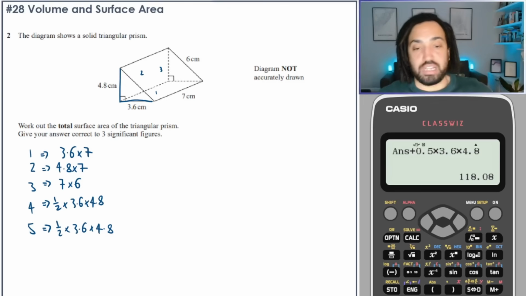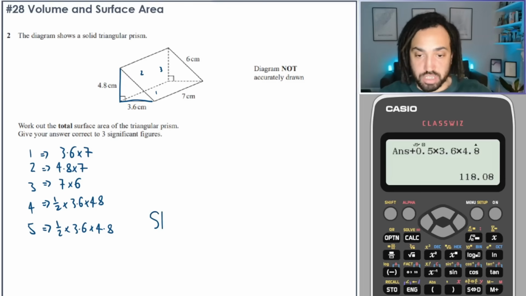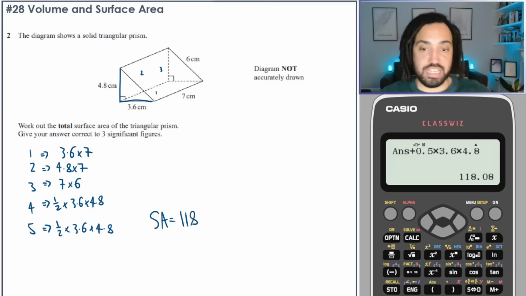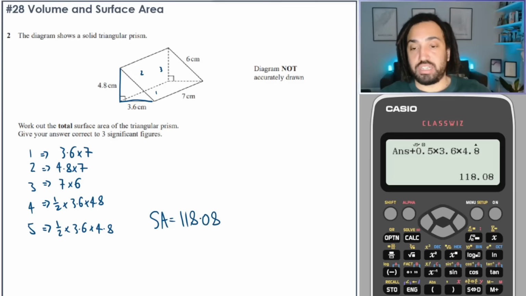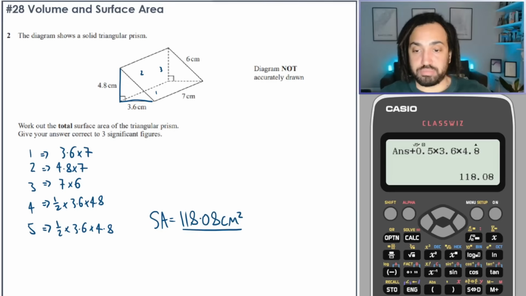Okay, great, and we get a total surface area of 118.08, and that is centimeters squared.